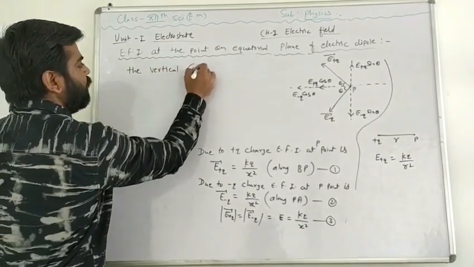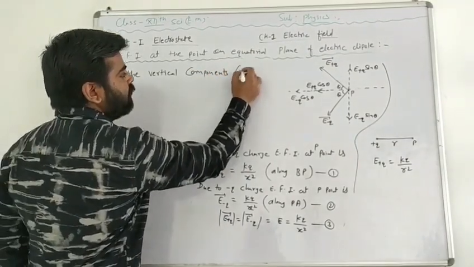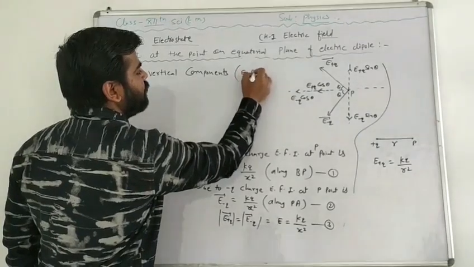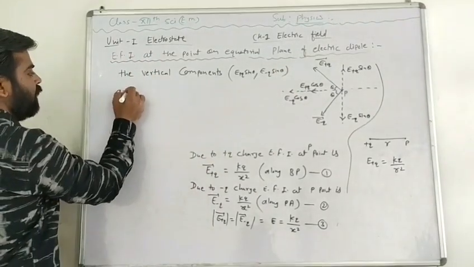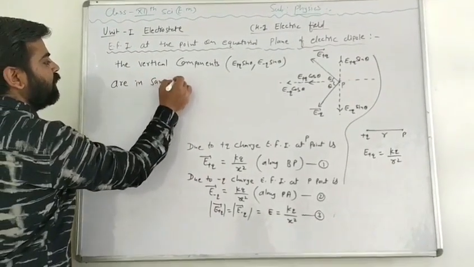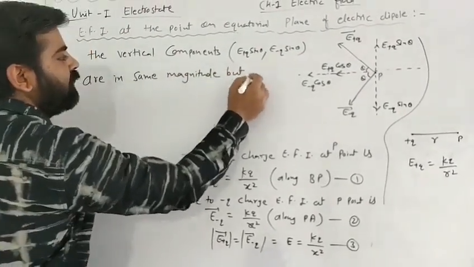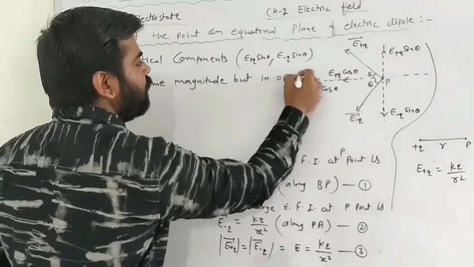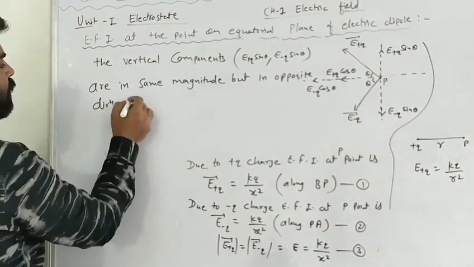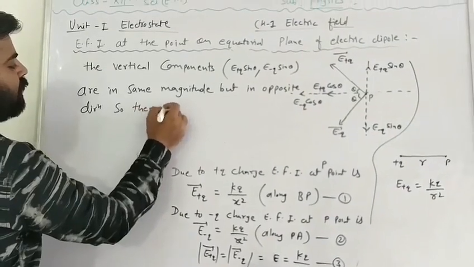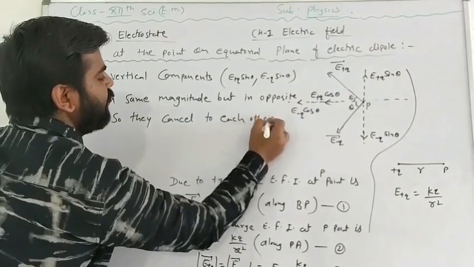The vertical components E plus q sin theta and E minus q sin theta are in same magnitude but in opposite direction, so they cancel each other.